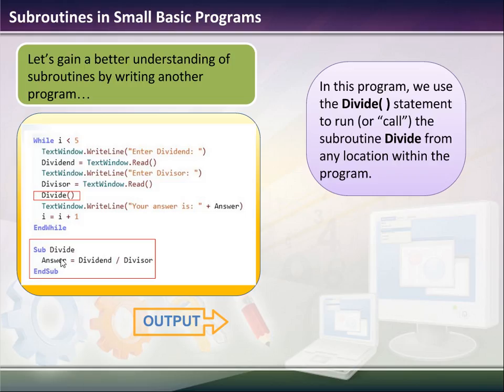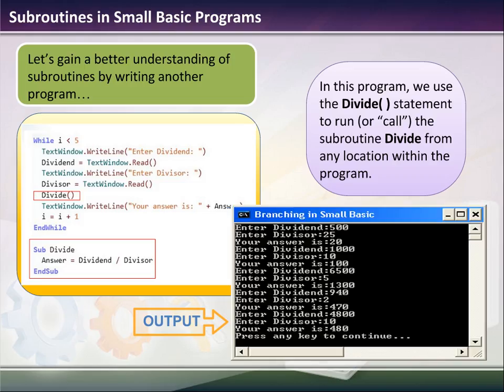The nice thing about this is that I can write these little teeny tiny programs somewhere and then put them all together and call that subroutine by simply typing the name or title of the subroutine. It'll ask us to enter the dividend and then the divisor.